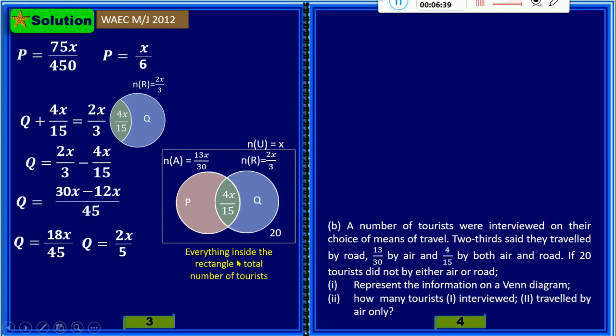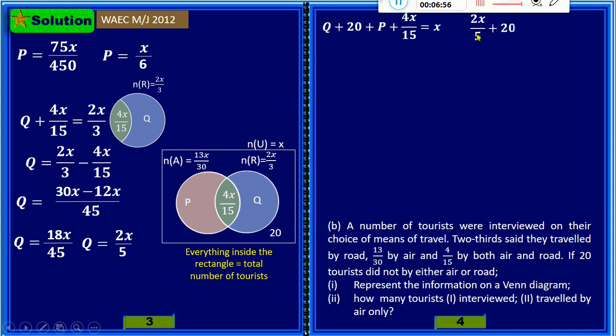Everything inside the rectangle represents the total number of tourists, x. So we are going to add everything here to get x. We now have Q plus 20 plus P plus 4x over 15 is equal to x.